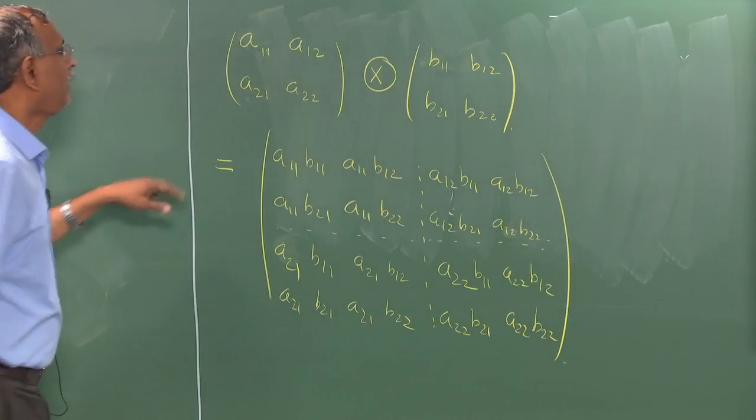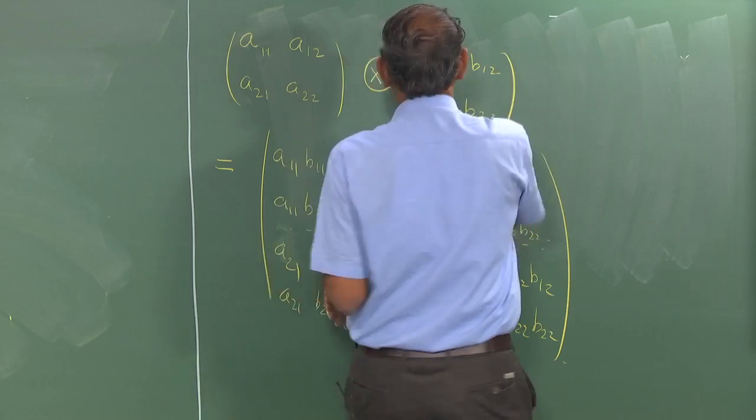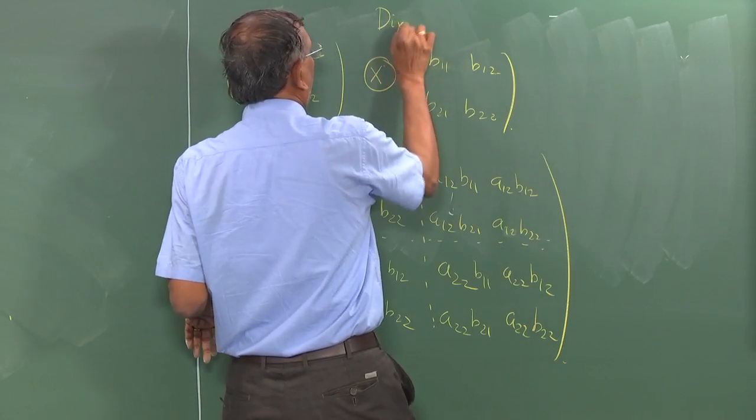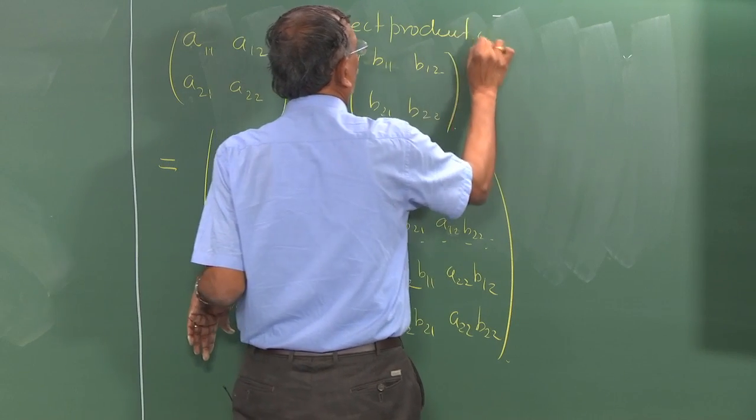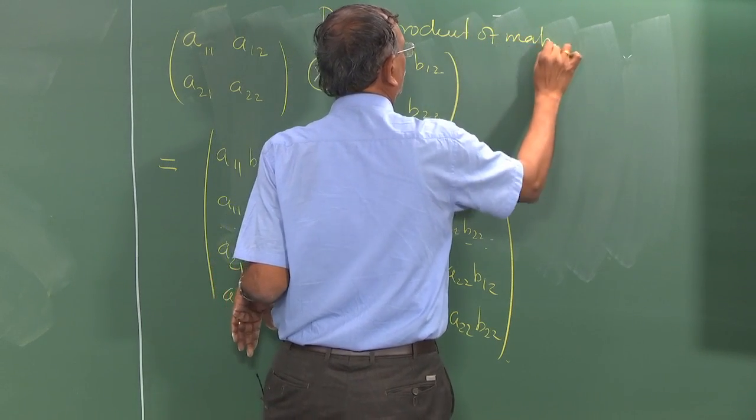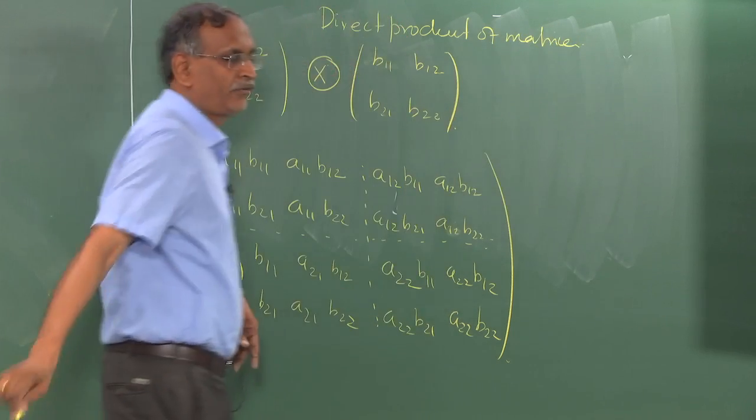This is called the direct product. This symbol represents the direct product of two matrices.